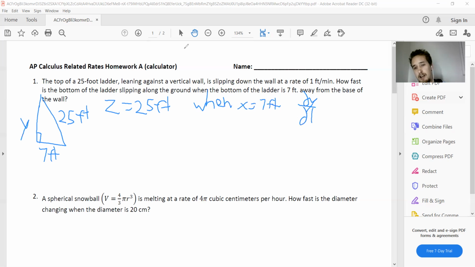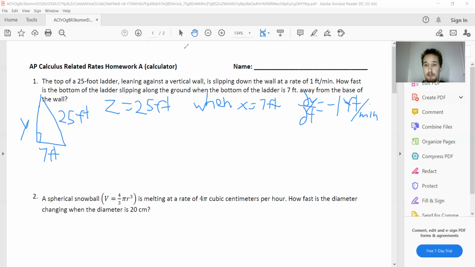So your dy/dt, because it's over time, it's a rate, is equal to -1 foot per minute. So it's -1 because it's slipping down the wall. That's why it's going in a negative direction. Okay, so we've determined our variables, right? So that's the first step.